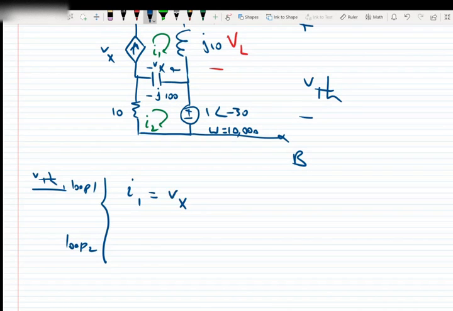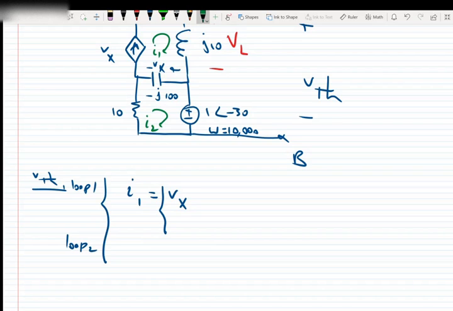But what is Vx? If we look at Vx, we see that Vx is the voltage across the capacitor. So it's the current moving through the capacitor multiplied by the impedance.